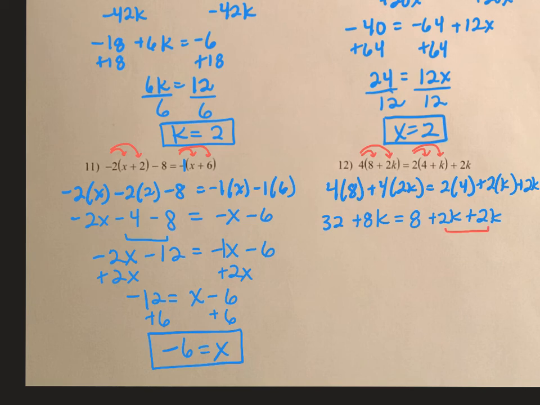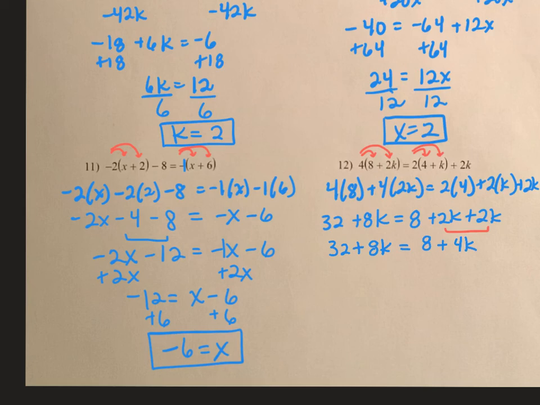Okay, so on the left side, it's simplified already. Let's go back to blue, I'm sorry. Okay, so I have 32 plus 8k on the left side. On the right side, I have 8 plus 4k, because 2k plus 2k is 4k.